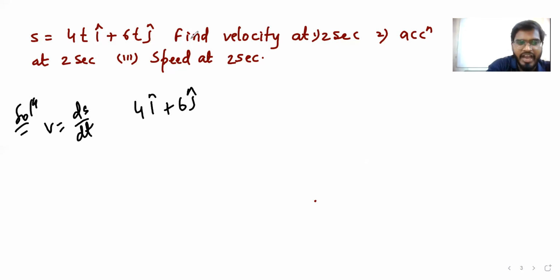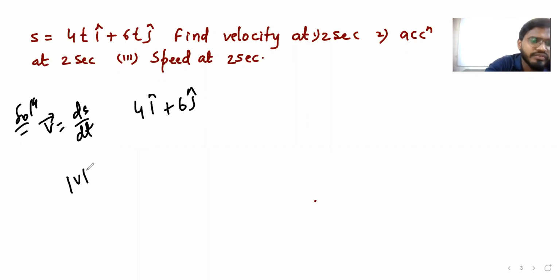That's it. At 2 second they are saying, but anyway we will not use anything. So velocity in x-axis and y-axis we found. So velocity is going to be 4 i cap plus 6 j cap, right? Now speed is mod of v.